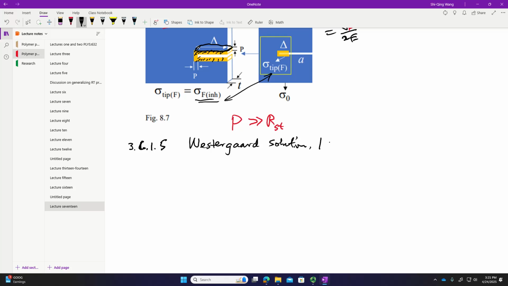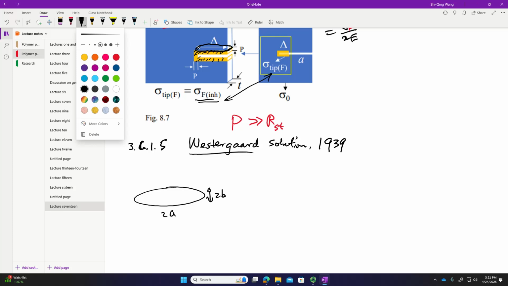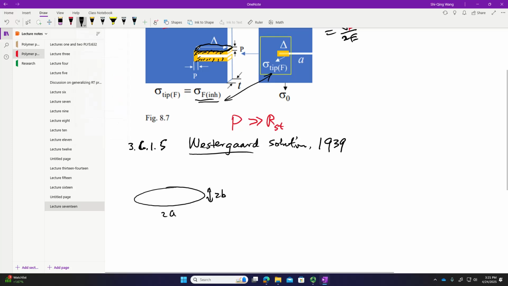So basically, by the time of 1939, Westergaard produced something that really basically considered an infinitely thin opening, meaning crack. Infinitely, meaning mathematically thin. Zero thickness.